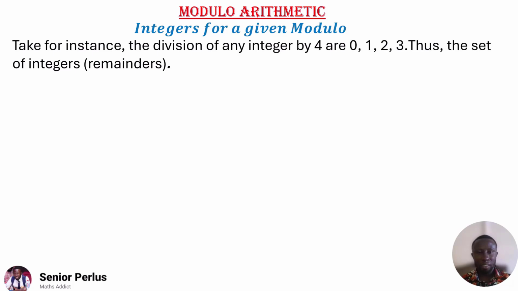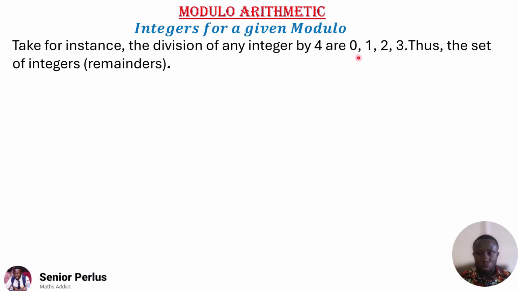So for instance, the remainders of the division of any integer by 4 are 0, 1, 2, 3. If I divide any integer by 4, the remainder is from 0 to 3, because we know that 4 mod 4 is 0.